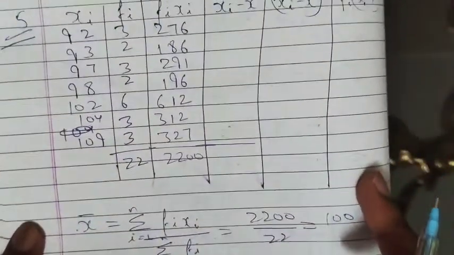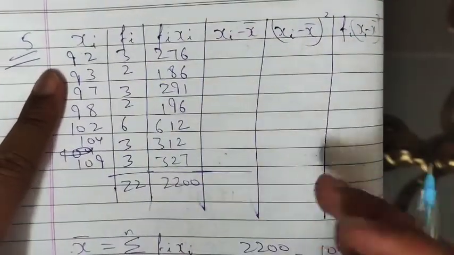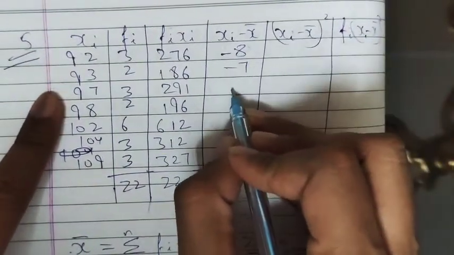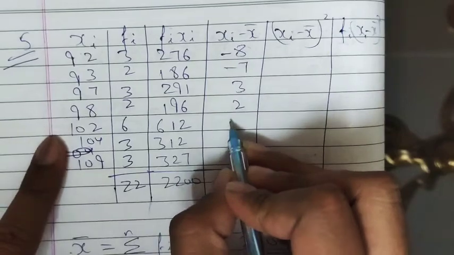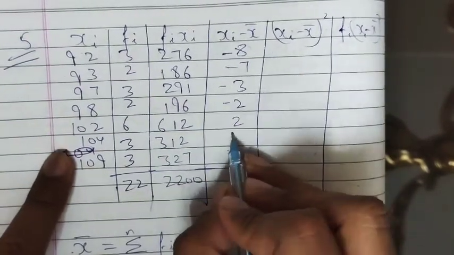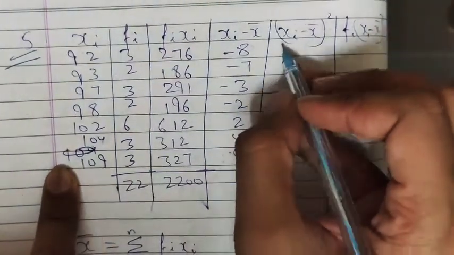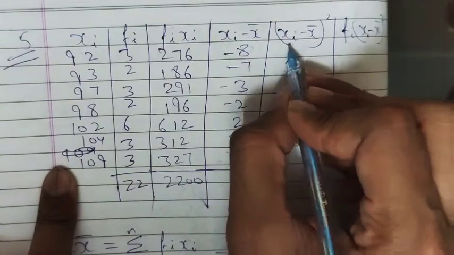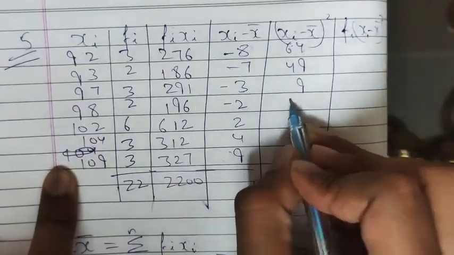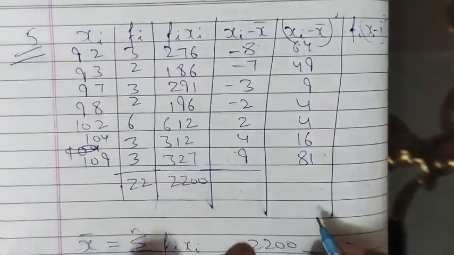Now xi minus x bar, right? So 92 minus 100 is minus 8, minus 7, minus 3, minus 2, 2, 4 and 9, right? Square of it: 8 square is 64, 49, 9, 4, 4, 16, 81, right?